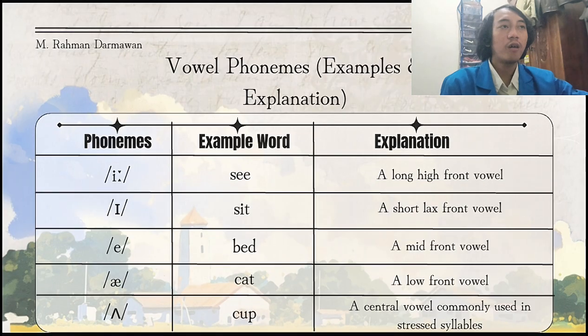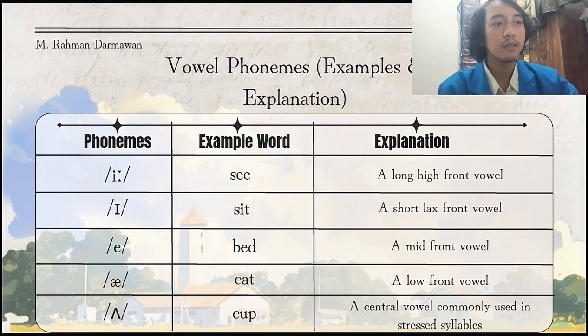And for the vowel phonemes, for the phoneme i:, the example word is see, and the explanation is a long high front vowel. For the phoneme i, the example is sit, a short lax front vowel.